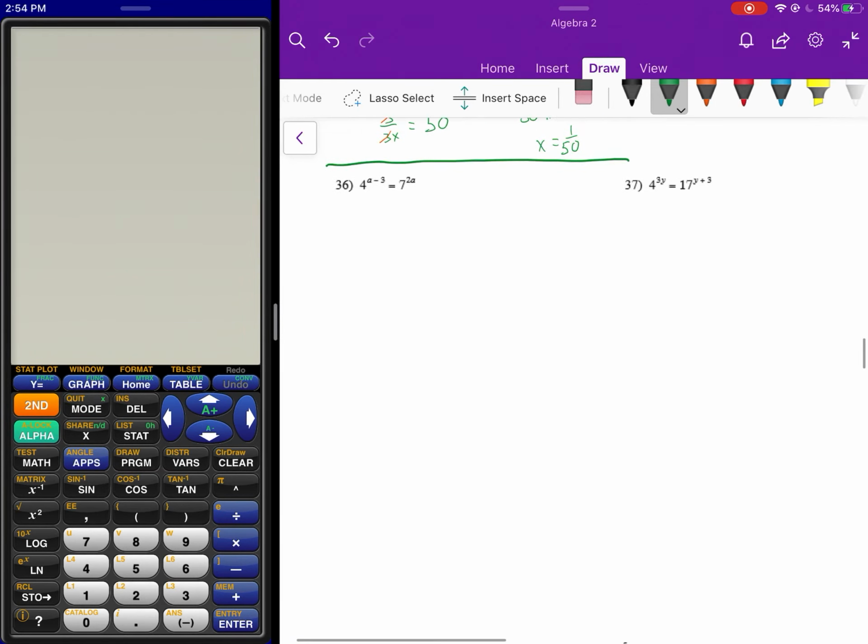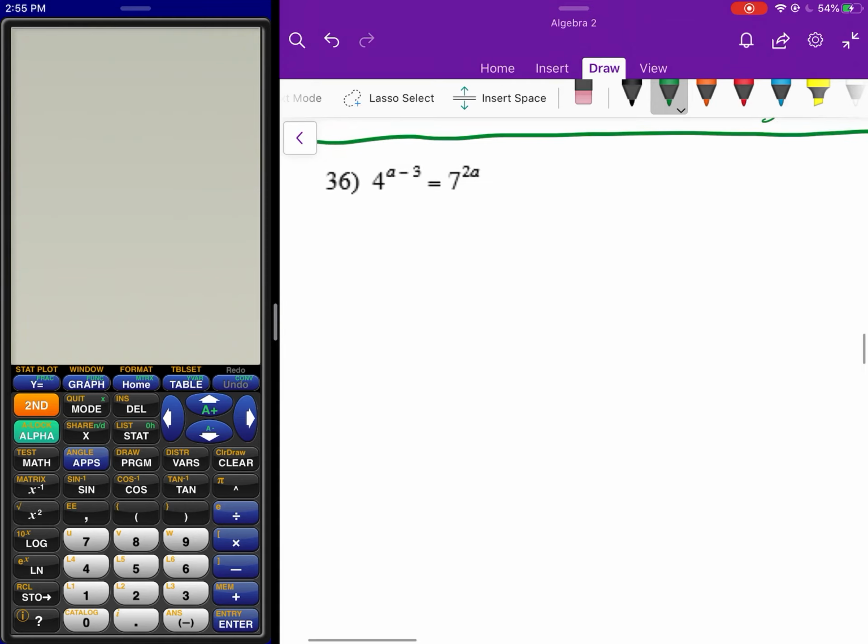These are the ones that have a variable in more than one exponent. I'm going to enlarge this a little bit. Here we don't have two options really. We probably could figure something out, but the best way to do this is simply to take the log of both sides. Log base 10, and again we don't write the 10, just the common log.